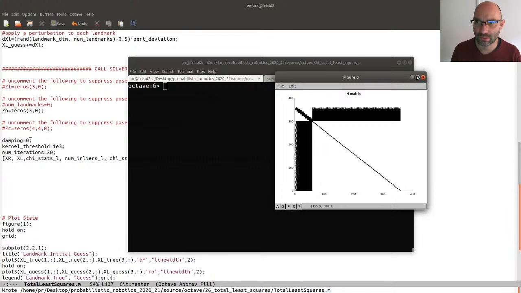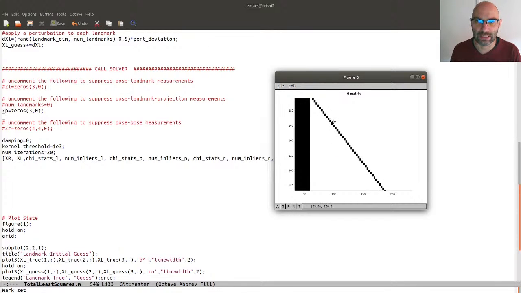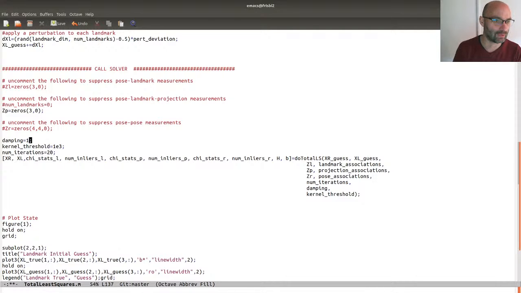Did it work? Yes. Here you see that I don't have any more that odd structure that I was observing before. Okay? Unfortunately, by doing so, some landmark is under-observed, and so the system will be poorly conditioned. Okay? But let me put again the damping to 1.